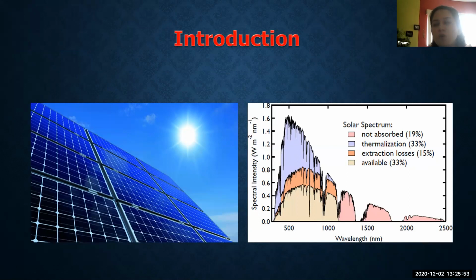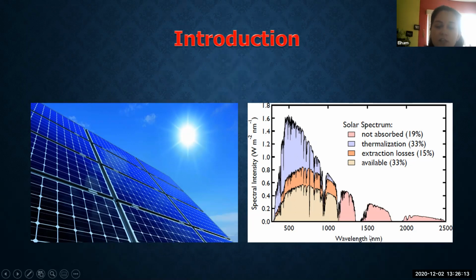As we all know, solar energy is very important these days, and sunlight produces clean and accessible energy for everyone. But the problem is that solar cells cannot absorb all the wavelengths in sunlight.